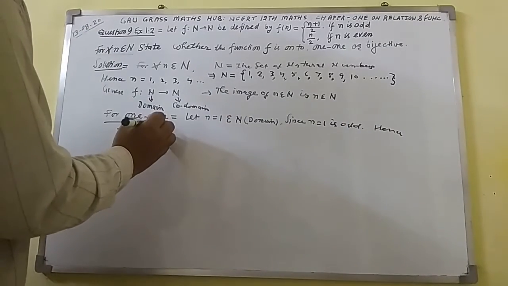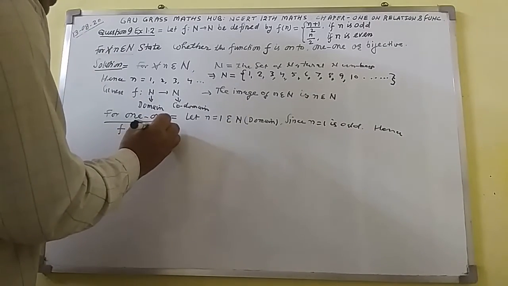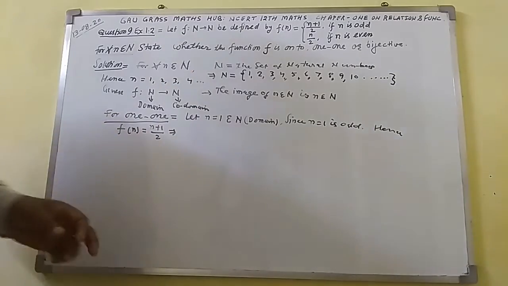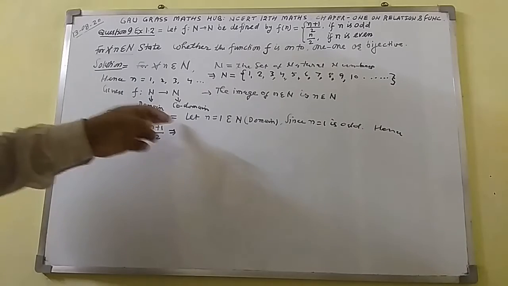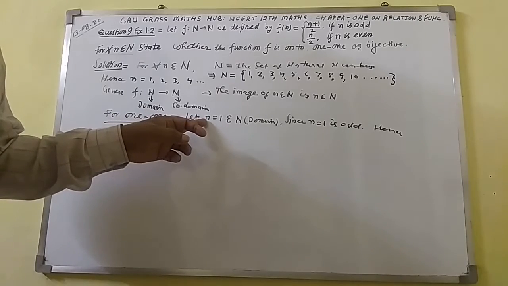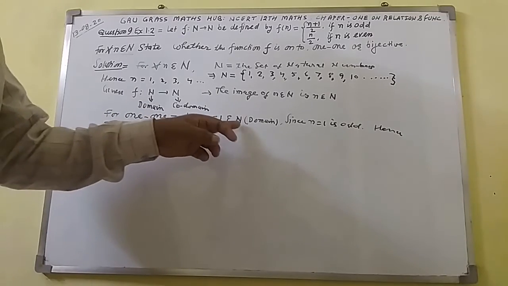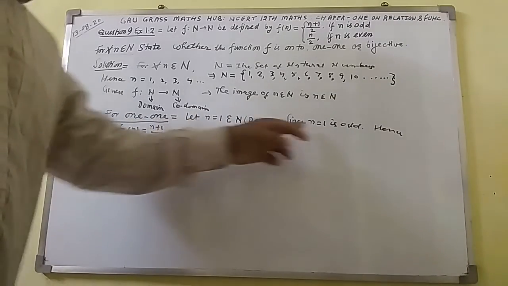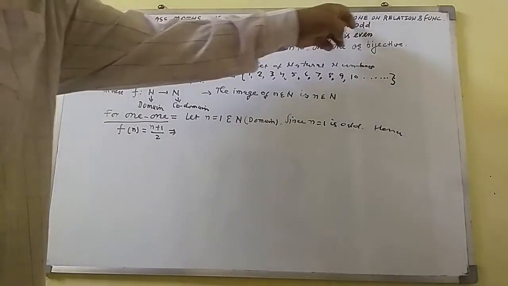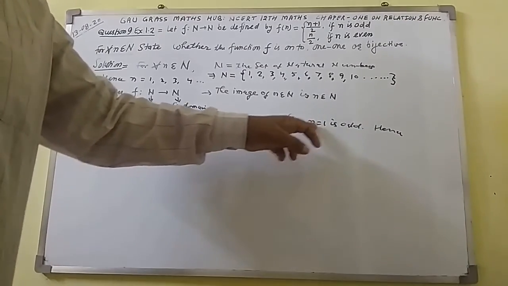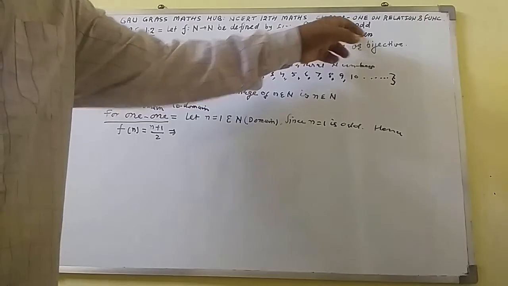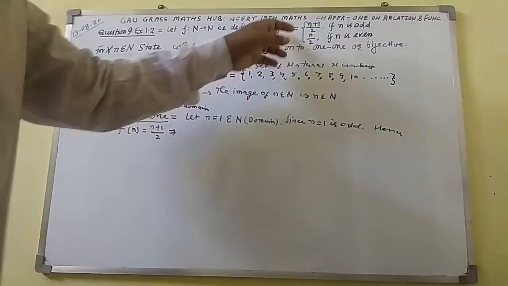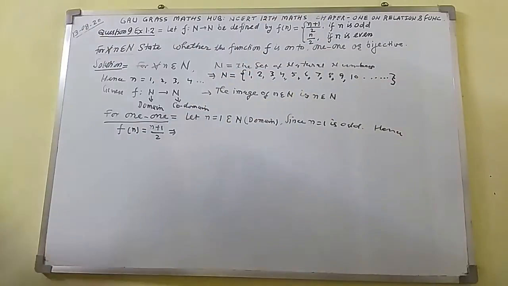So here I shall take (n+1)/2, because for 1 I have let small n equal to 1 belonging to capital N, the domain. Since n equal to 1 is odd, f(n) = (n+1)/2 will be taken.